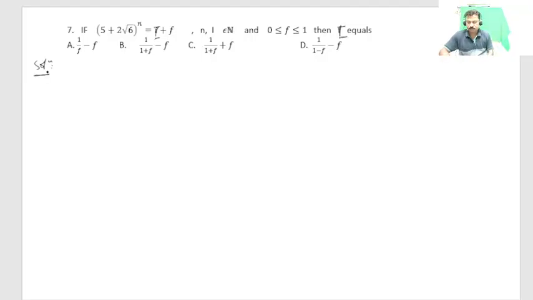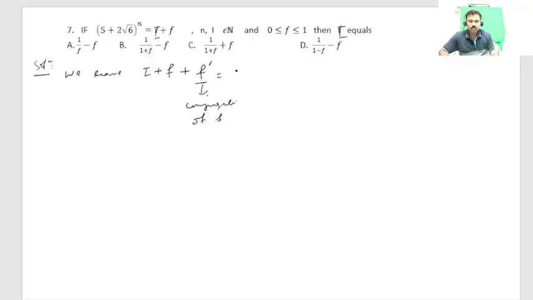Solution. We have I plus f plus f prime. f prime here is the conjugate of f.